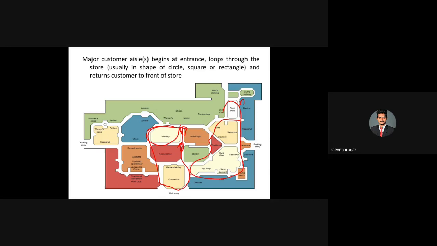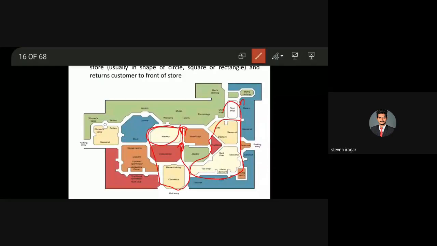Okay, so fine. Now here the major customer packages will be beginning at the entrance. Okay, and also loops through the store. Usually, you can find them in some square shape, triangle shape, any type of shape those people can form just to utilize the space properly, and also they can return customers to the front of the store. So nicely those people prepare that all the passages are interconnected. See here, if somebody enters after parking, the main entry is here.